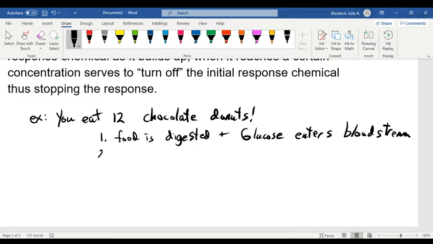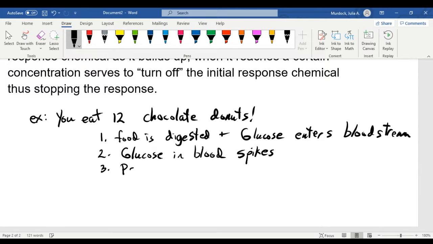Okay, and then I liked the way you said it. Glucose in blood spikes. It goes way up. Okay. What's the organ that's going to detect this? Which organ measures the blood glucose and determines that it's too high? I'm sure you're saying the pancreas. That's correct.